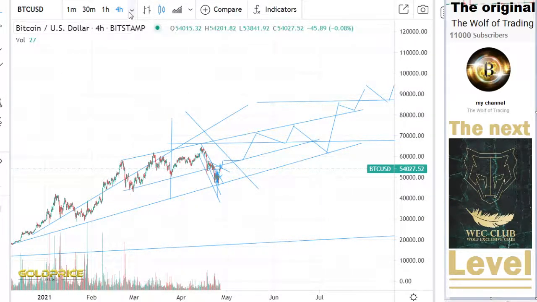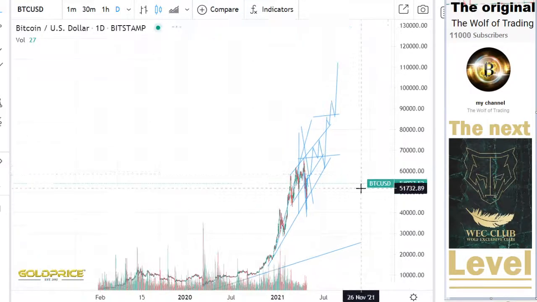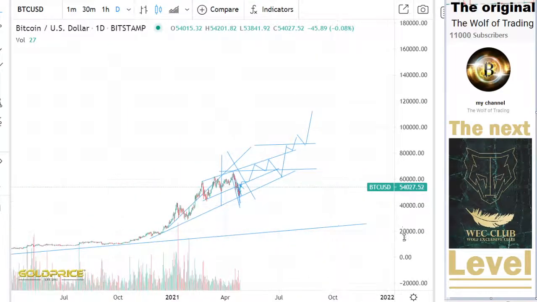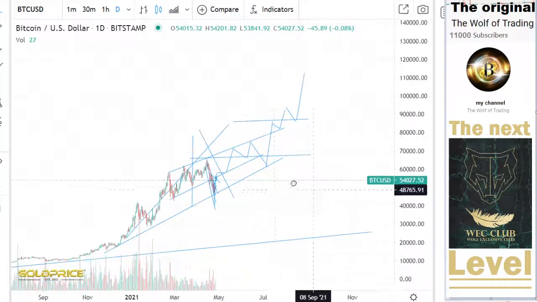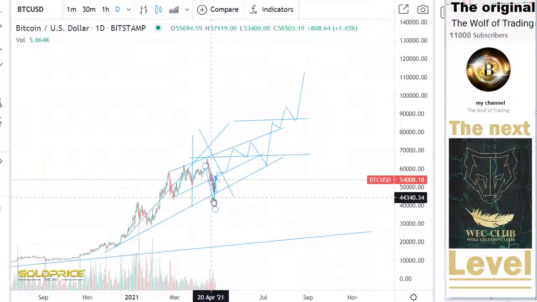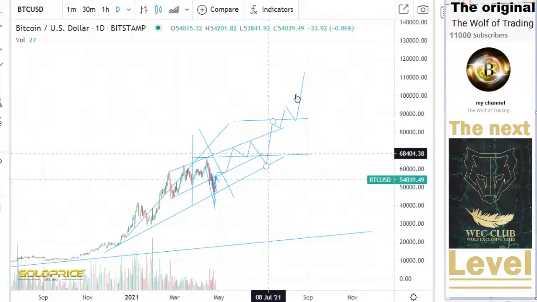The reason why we will go to the top side is that our wave is ending here, and this is a good possibility to get in, because here we will go in this way to the top side.